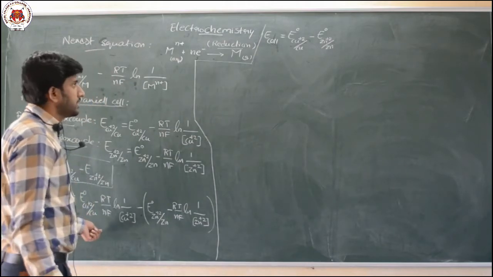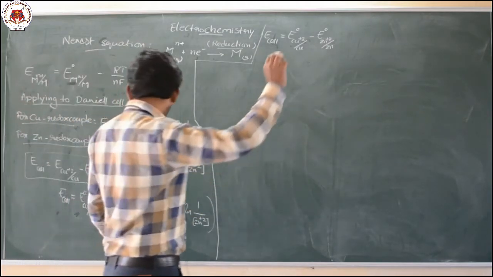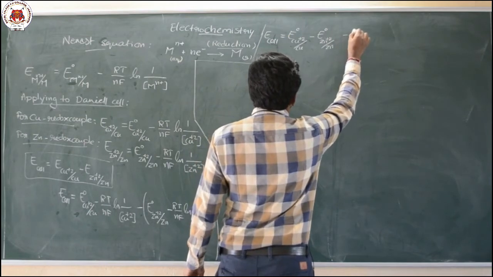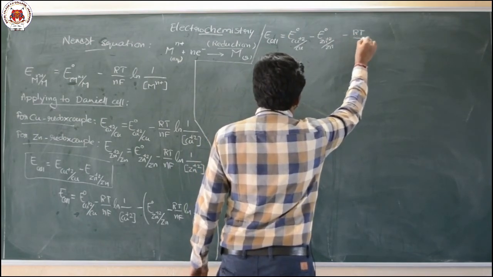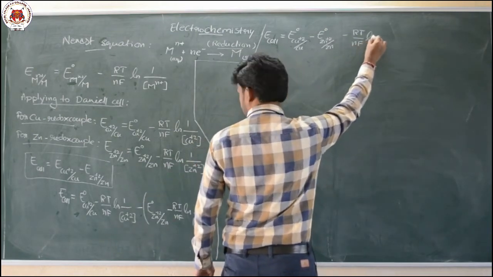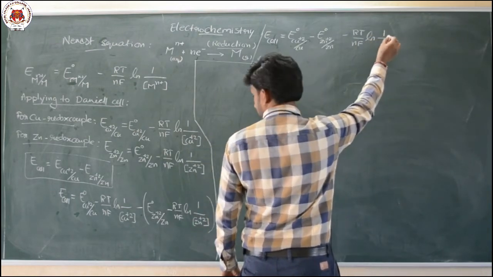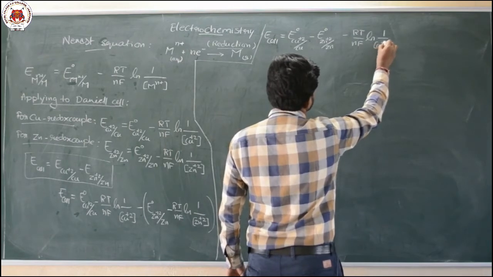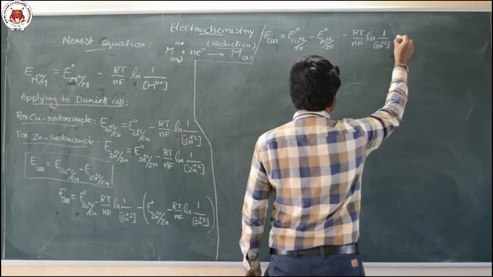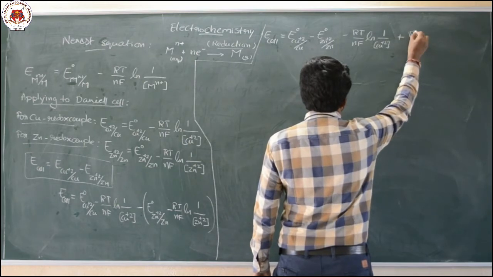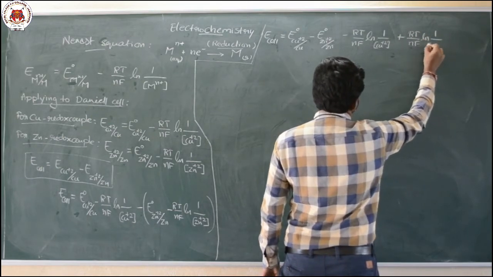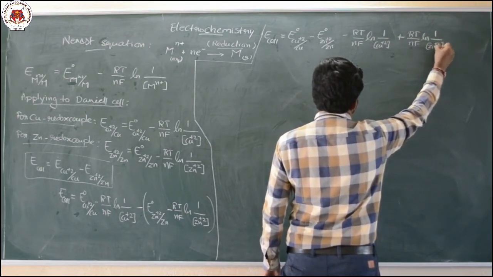So RT by nF ln of 1 by copper 2+, then minus into minus will become plus, RT by nF ln 1 by Zn^2+ concentration.